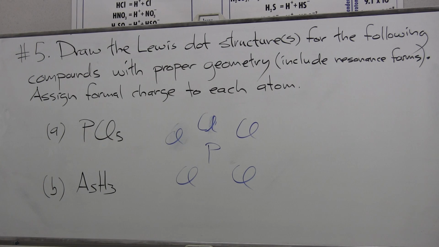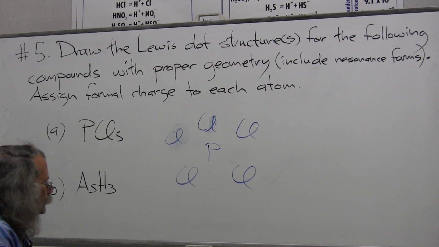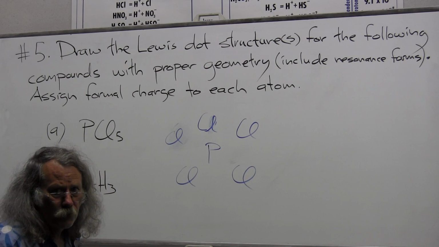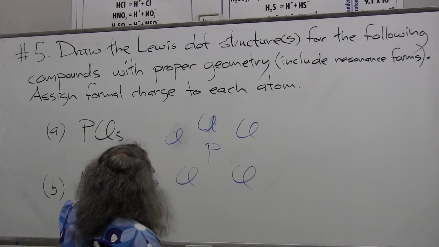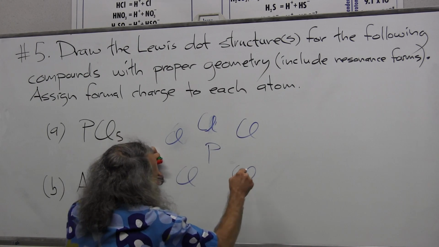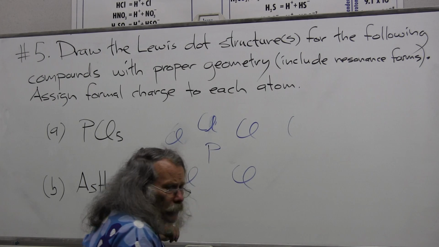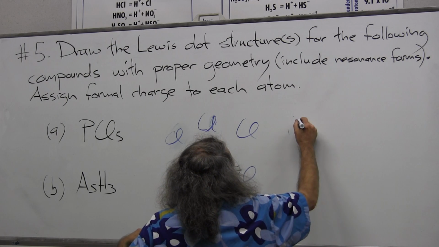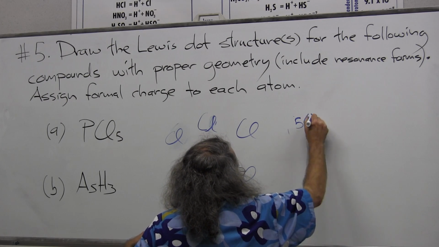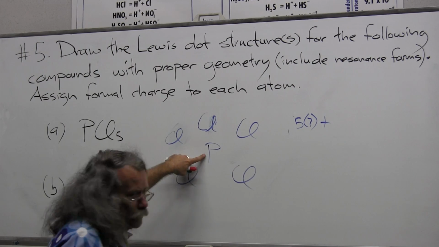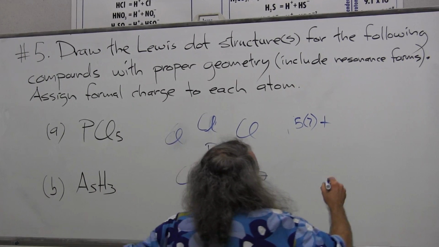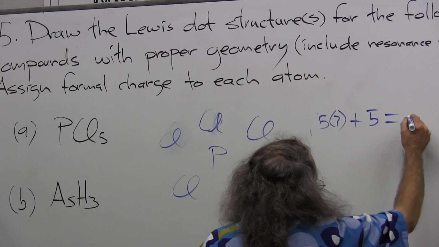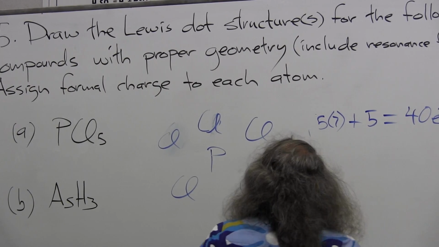So I'll start with a phosphorus atom surrounded by 5 chlorine atoms, and I will add up all the valence electrons in the compound. So I have 5 chlorines, and chlorine is group 7A, so that would be 5 times 7, plus phosphorus is group 5. 5 times 7 plus 5 equals, well, 35 plus 5 equals 40 electrons.